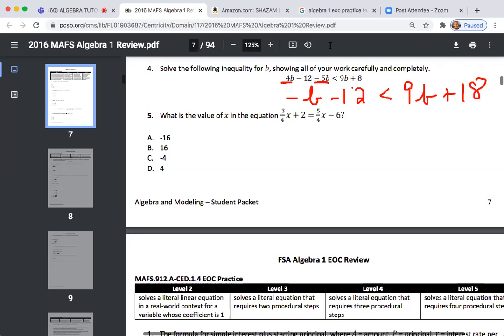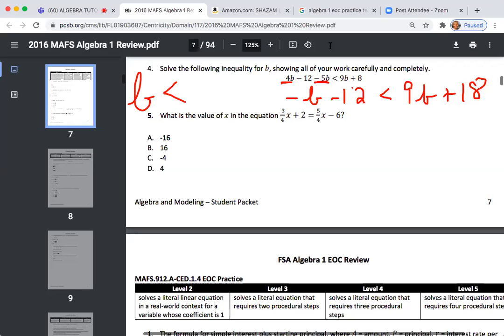Normally, because you like to read from left to right, we are left justified individuals, okay, we like seeing our variable on the left side when we're done with the problem. So I want my variable to end up on the left side, guys.